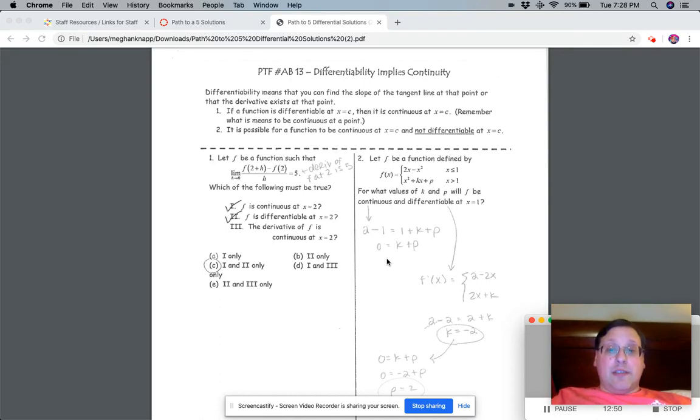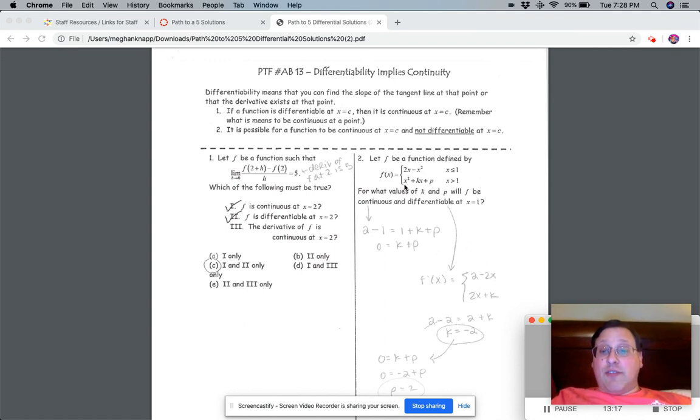So what we still need to go and take a look at is, how do we make the derivative work? Well, to avoid one of those absolute value sharp corner things, we need to make sure the slope before 1 and the slope after 1 are the same. So that's where they took the derivative here with the power rule to get 2 minus 2x.